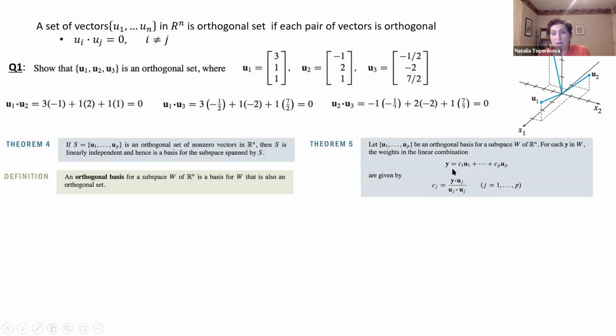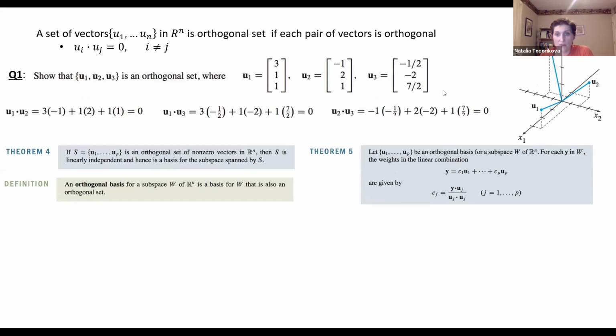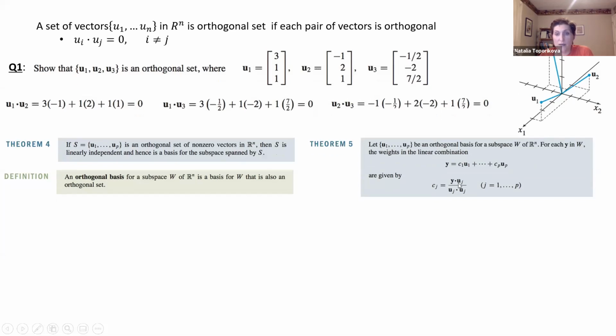So basically, if we have our vector y, because it's a basis, we can express it through a set of coordinates, which will be weights from C1 to Cp. And we can find each of these weights as a simple ratio of our original vector y times the appropriate basis vector, over that basis vector times itself.